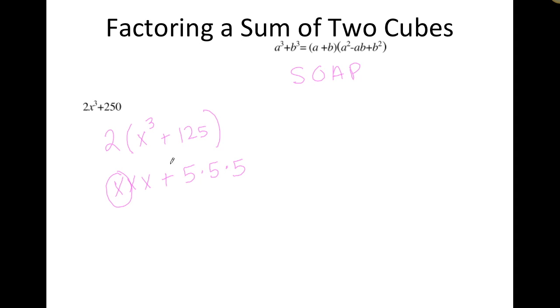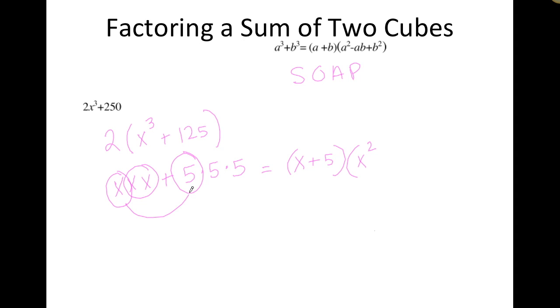I'm going to circle the first term, x plus 5. And then I'm going to circle the second term, x squared.